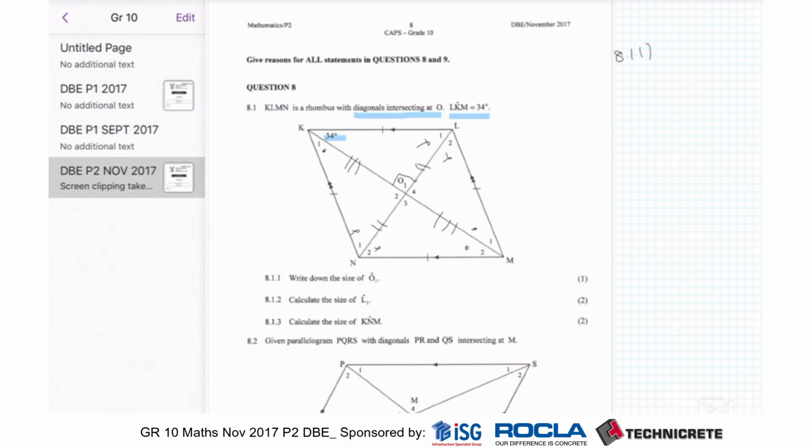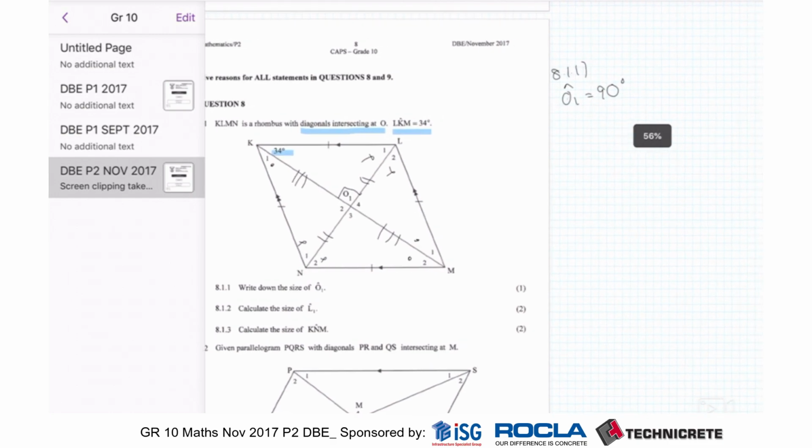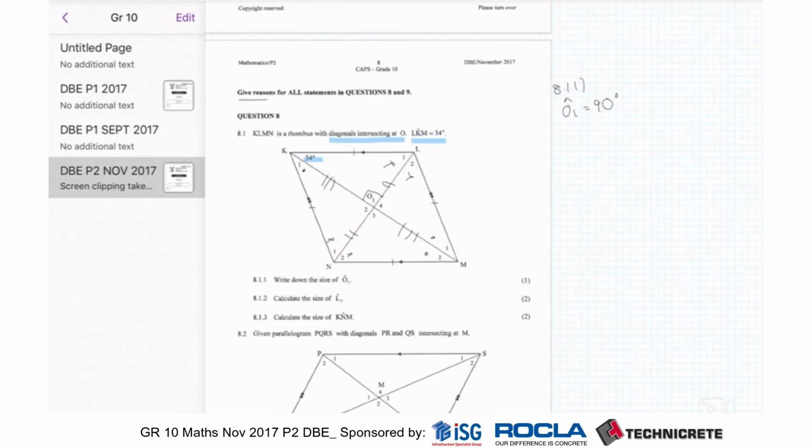So the first one says write down the size of O1. We already know that. O1 is equal to 90 degrees. Make sure, because we're doing geometry now, you have reasons, okay? And at the top it emphasizes, give reasons for all your statements. Your reason is diagonals bisect at 90.